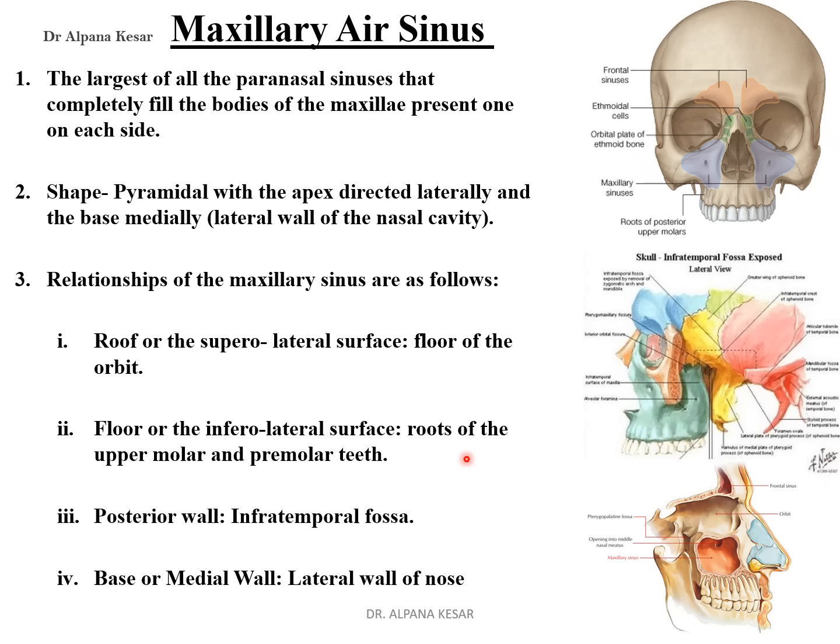The floor of the maxillary air sinus is its infralateral surface, and it is related to the roots of the upper molar and premolar teeth. Posterior wall of maxillary air sinus. It is related to infratemporal fossa.